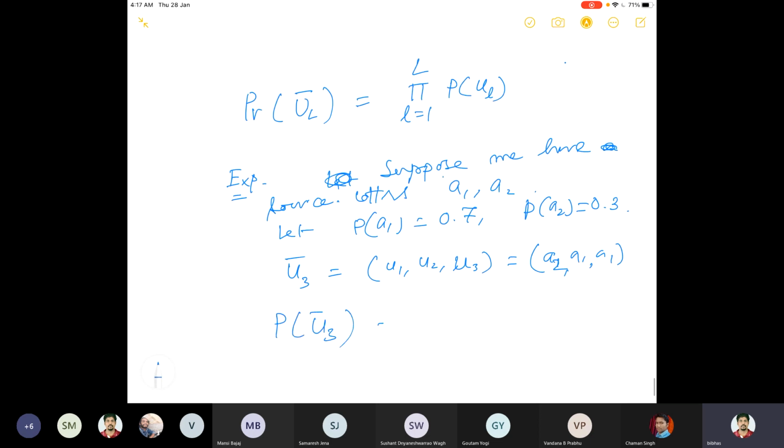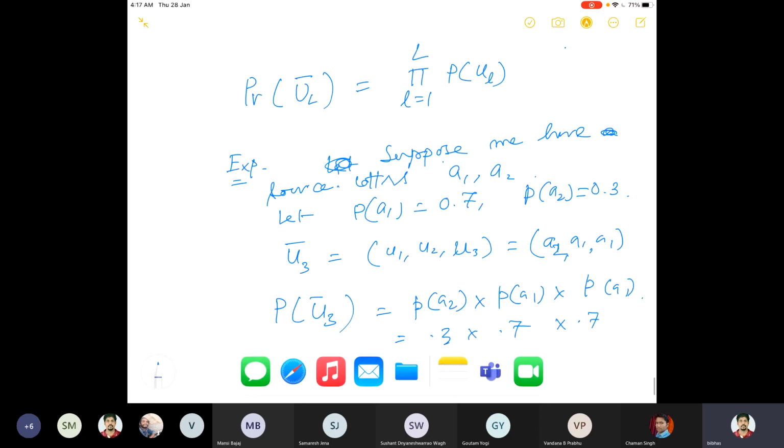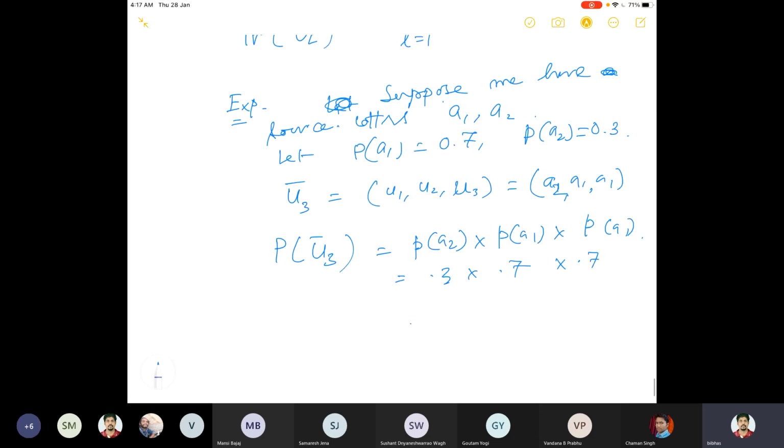It is probability of A2 times probability of A1 times probability of A1, so 0.3 times 0.7 times 0.7, which is something. A very simple example.